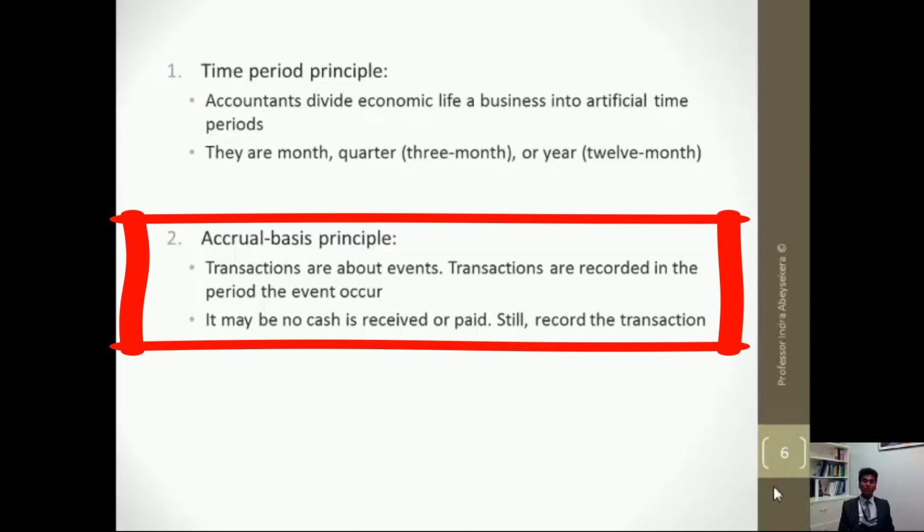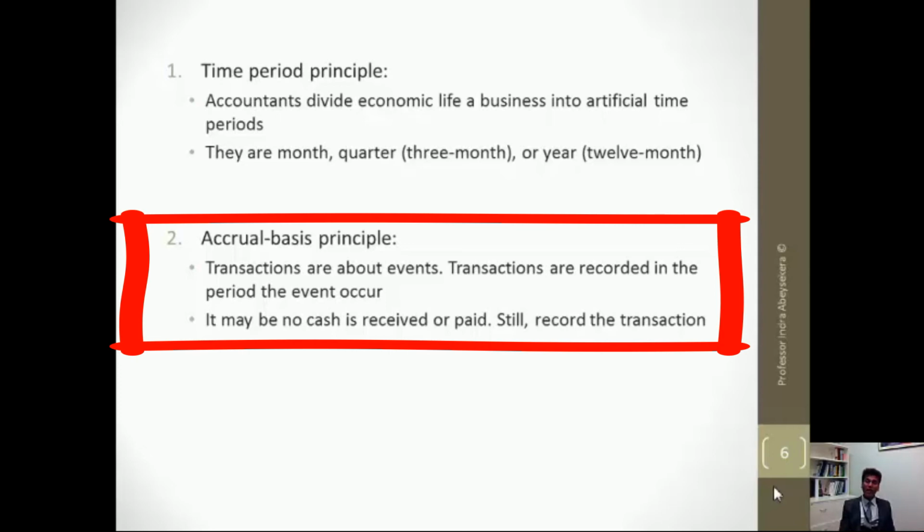So the accrual basis principle supersedes a previous principle called cash basis principle, where the transactions were recorded when the cash was received or cash was paid. But the accrual basis principle that is now being used records transactions when the event occurs.